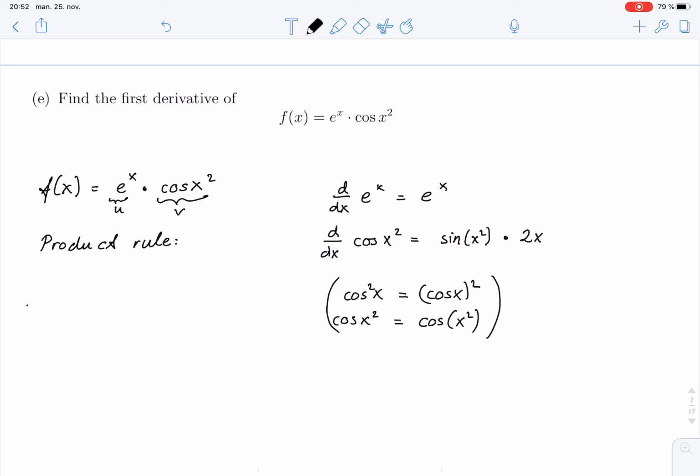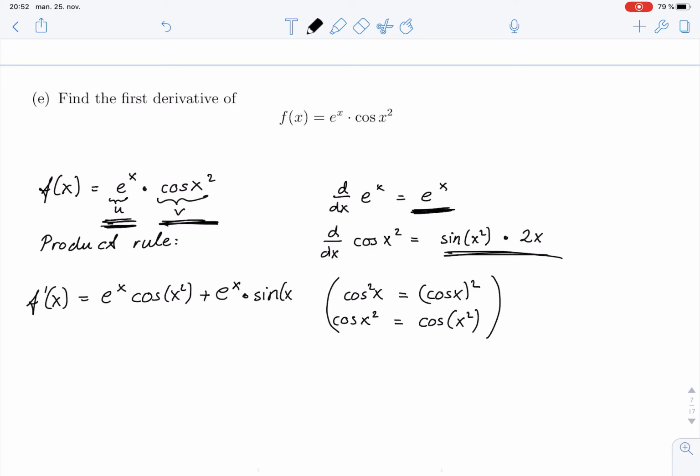So if we use the product rule here, we then take the derivative of the first one, which is e to the x over here, times the second one, plus the first one times the derivative of the second. Okay.